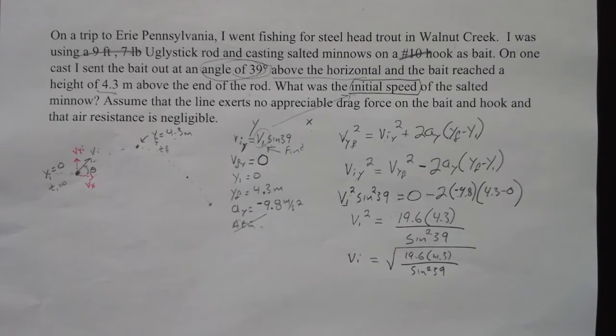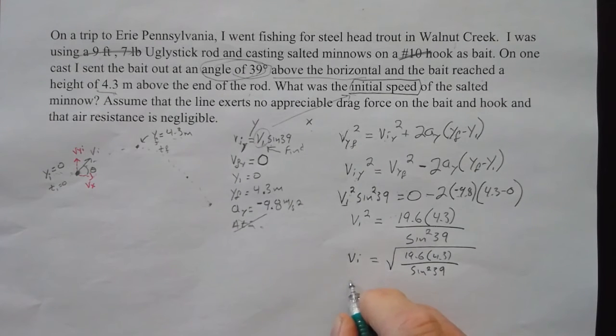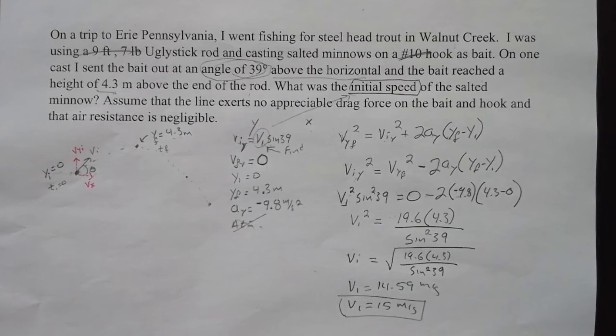Plug that into a calculator. Crank that out. 14.6, looks like two significant digits, so 15. VI is 14.59 meters per second, which is 15 meters per second to two significant digits, which is what I'm provided with. There you go.